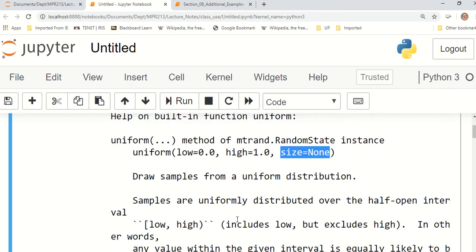Now note also that it says here that it generates the uniform distribution over the half-open interval, square bracket low, comma high, round bracket. That means that the low value is included, but the high value not. That's quite similar to randint. Except with randint, the closest that you could get to the higher limit is one integer value.